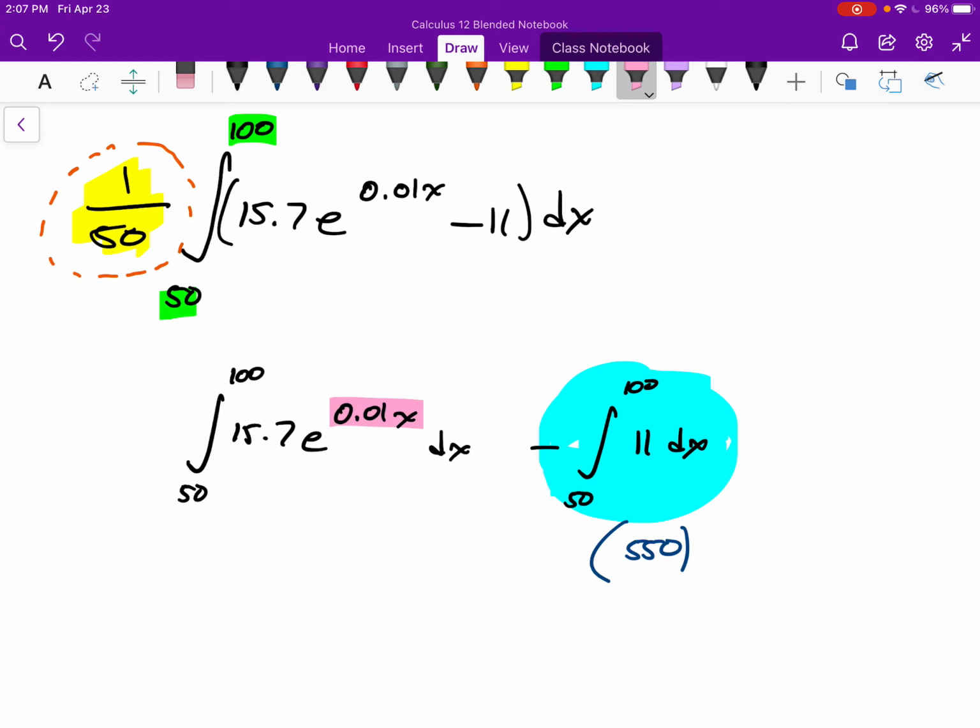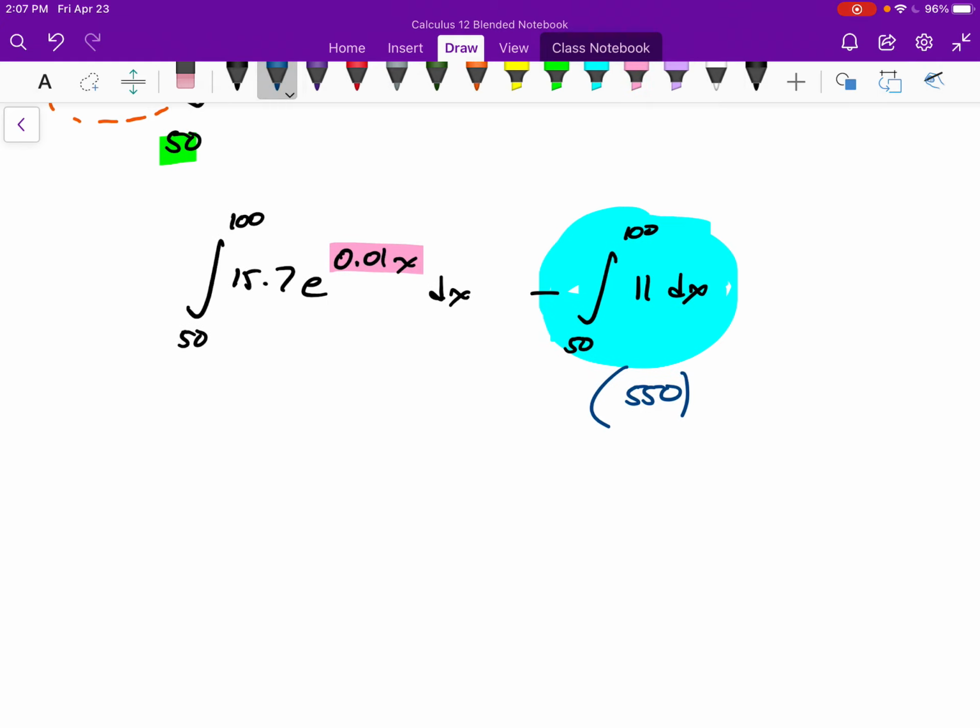And I'm presuming that's my inside function. So I'll say let u equal 0.01x, which means du equals 0.01 dx. And so I can make that work right here if I just go 1 divided by 0.01.